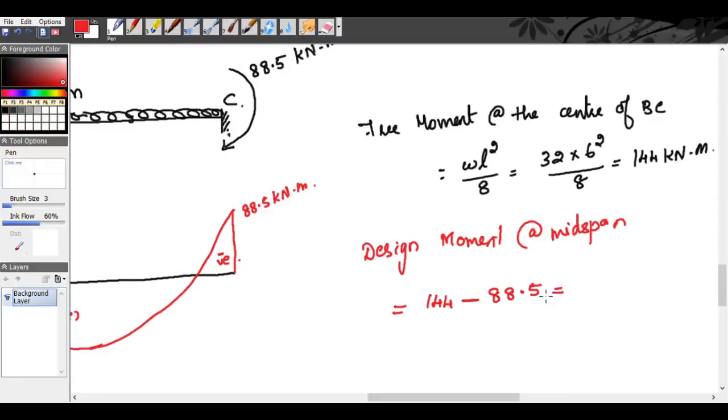So how much do we get? 144 minus 88.5, we get 55.5 kilonewton meter.